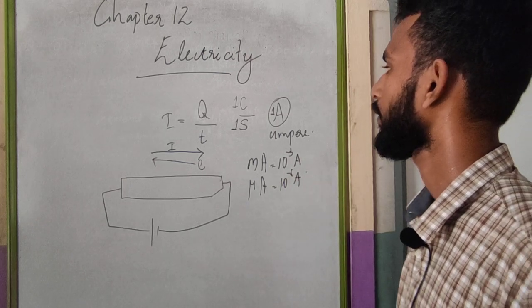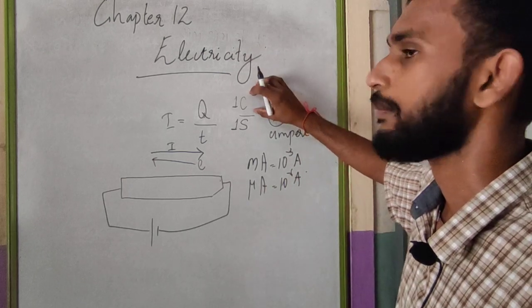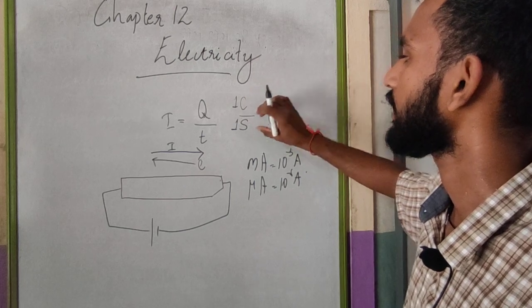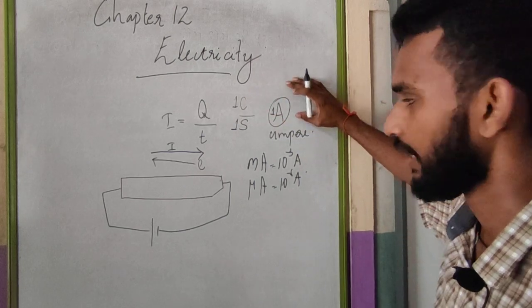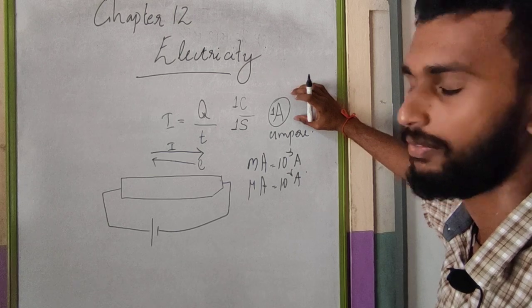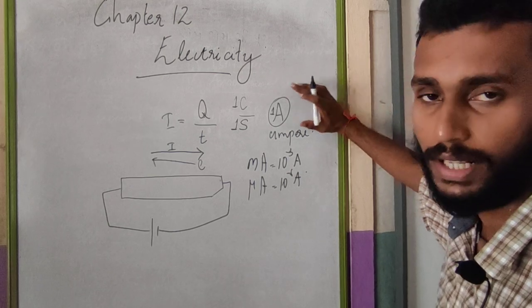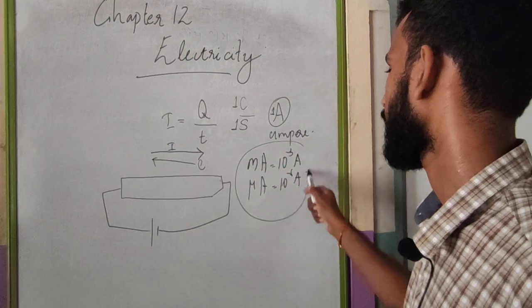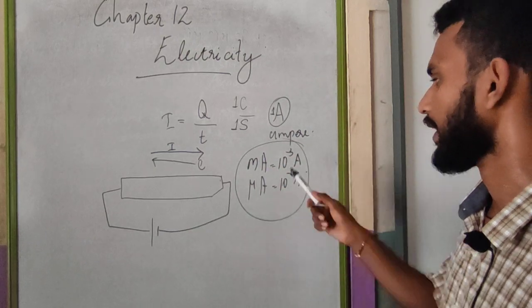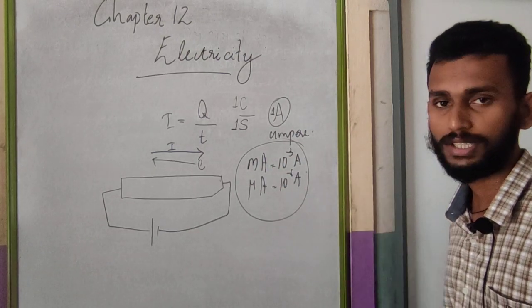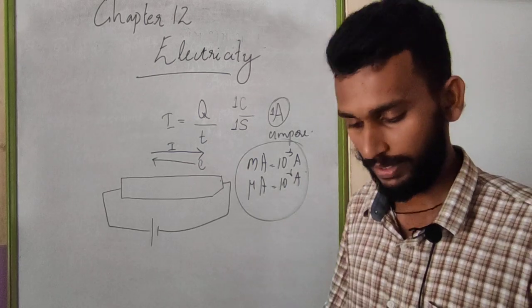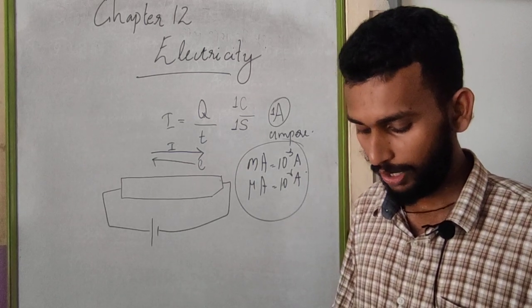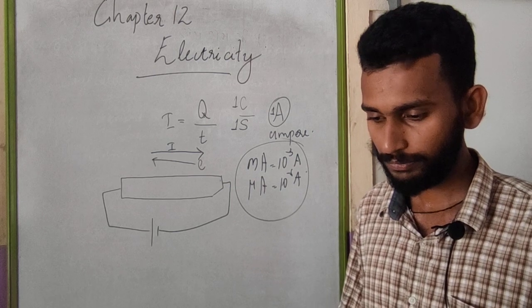Okay, so 1 coulomb charge per 1 second is the 1 ampere current. That is the definition of 1 ampere. Milliampere is 10 to the power minus 3 ampere, and microampere is 10 to the power minus 6 ampere. Those are things that you have to remember.